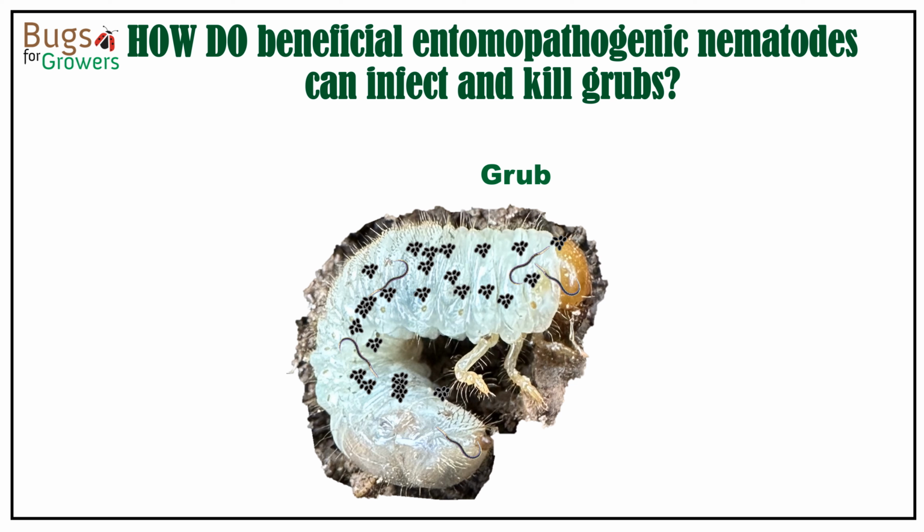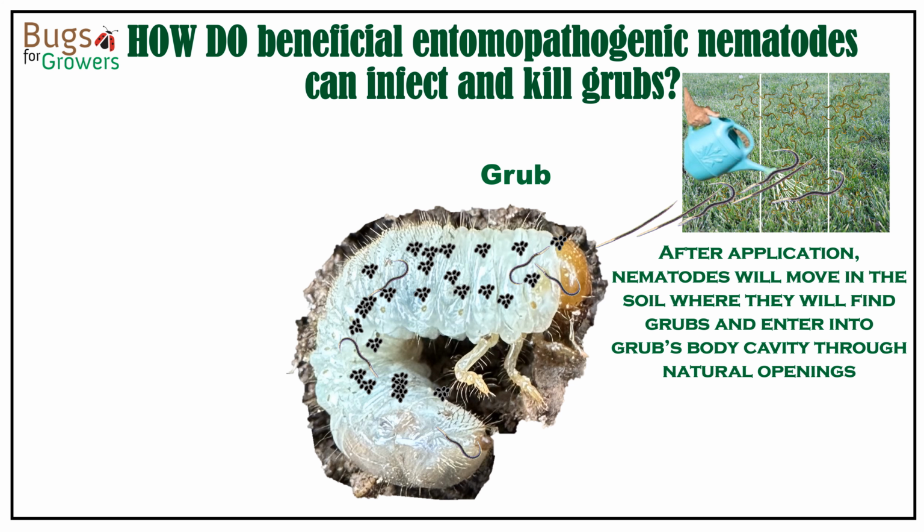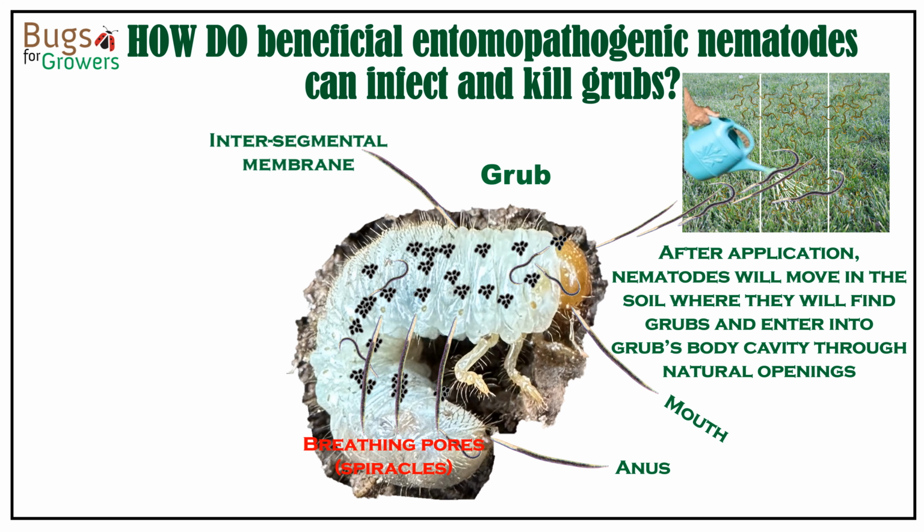Now we will see how beneficial nematodes can infect and kill grubs. After application, nematodes will move in the soil where they will find grubs and enter the grubs' body cavity through natural openings such as the mouth, anus, spiracles, also called breathing pores, or intersegmental membranes.